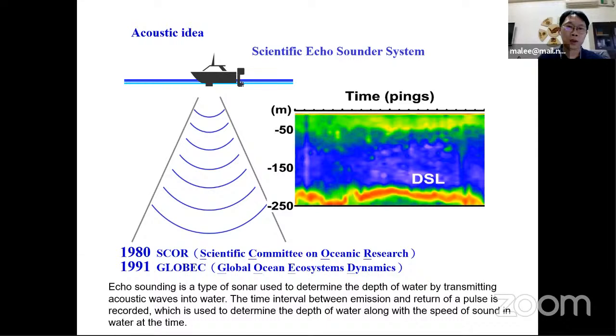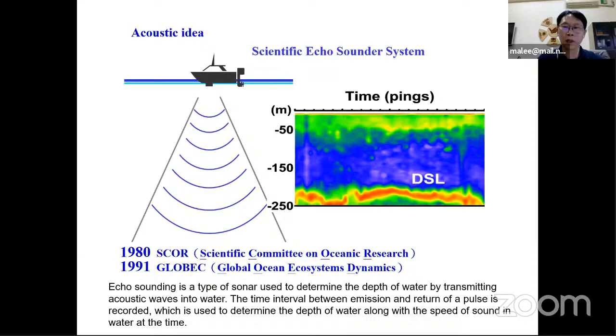The acoustic signal can transfer from the surface to the bottom. So if a fish school or marine life stays in the waters, the energy will backscatter to the acoustic system.